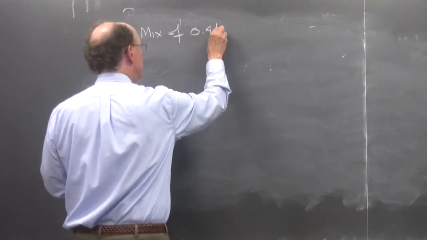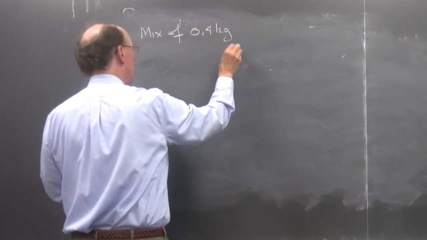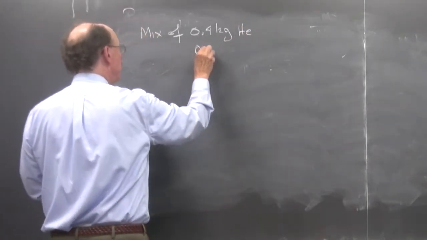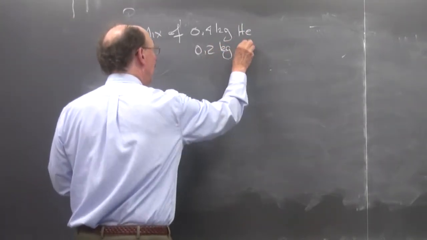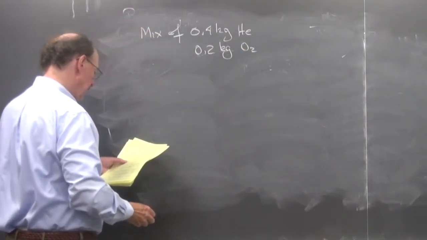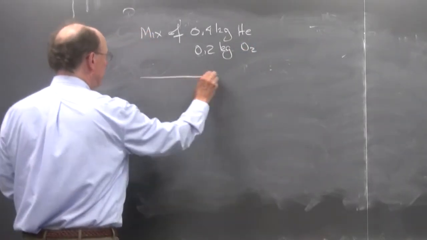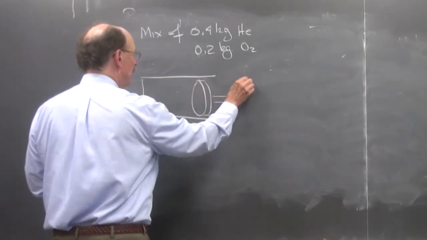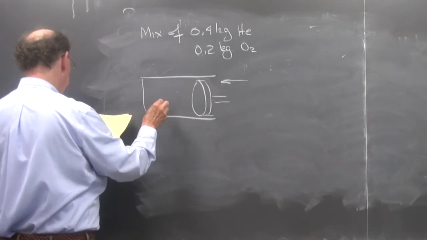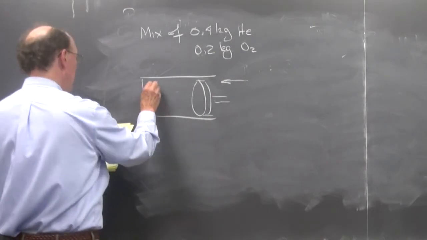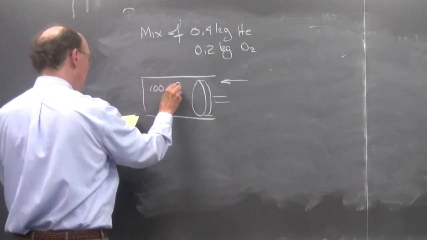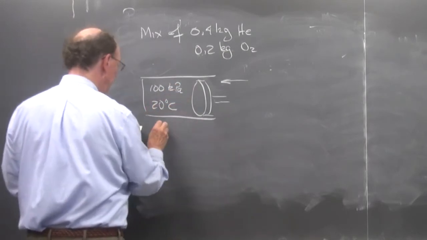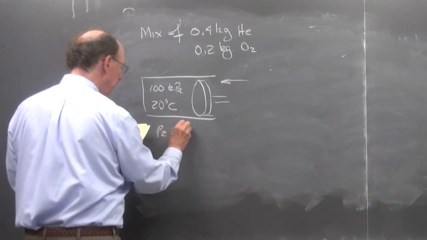So we're going to have a mixture of 0.4 kilograms of helium and 0.2 kilograms of oxygen. And we're going to compress it from 100 kPa and 20 degrees C, and P2 will be 500 kPa.